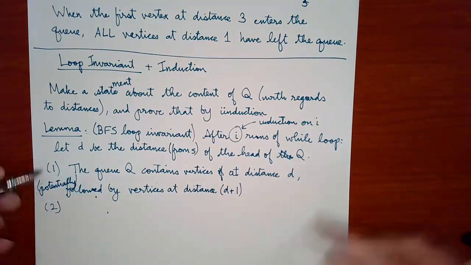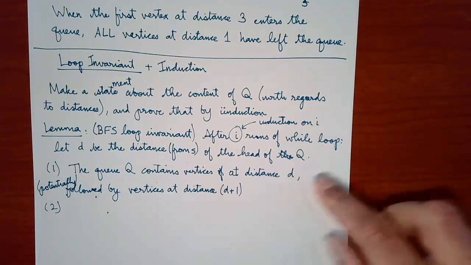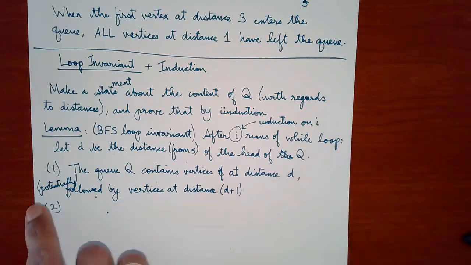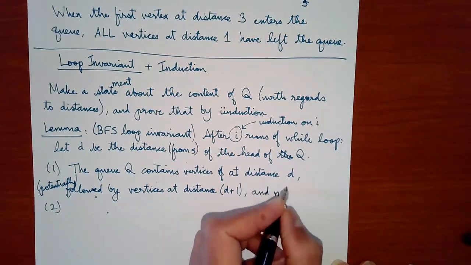This is expressing the fact that the queue is sorted, but it only has two distances. It has vertices at distance d, potentially followed by distance d plus 1, and nothing else.